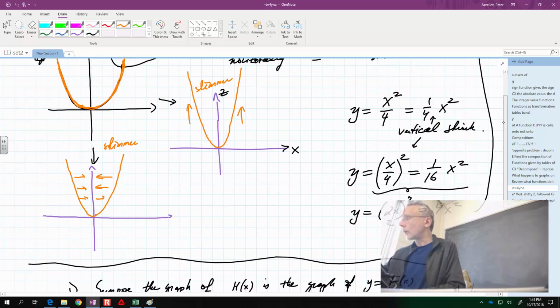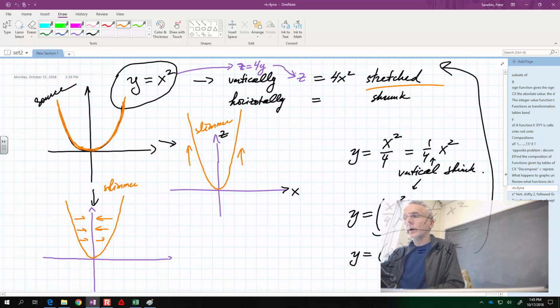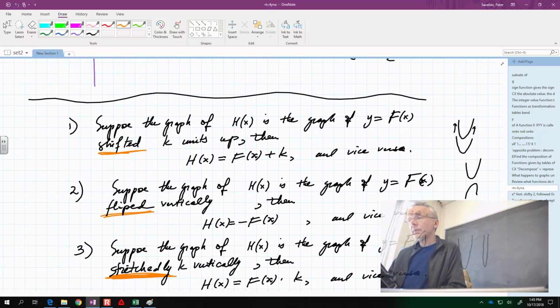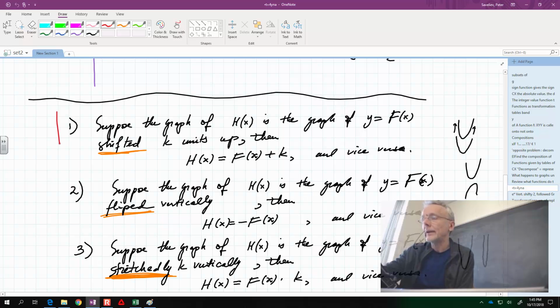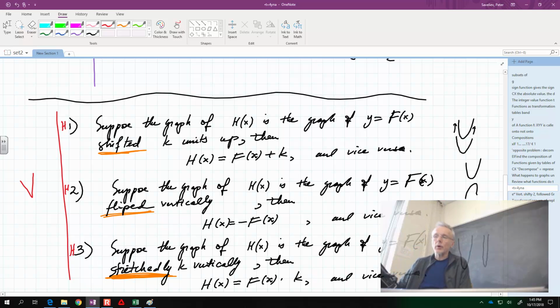Okay, so we started to develop some rules for these transformations, algebraic rules this time. So these are the three rules that we have, and these three rules apply entirely to the vertical. These are also, I don't know, H1, H2, H3. Three rules of vertical transformations.